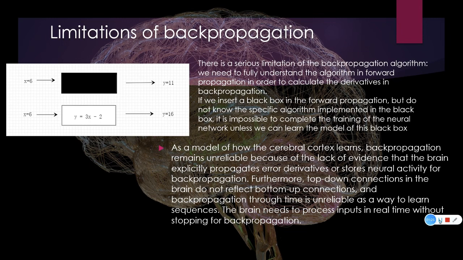Furthermore, top-down connections in the brain do not reflect bottom-up connections, and backpropagation through time is unreliable as a way to learn sequences. The brain needs to process input in real time without stopping for backpropagation.